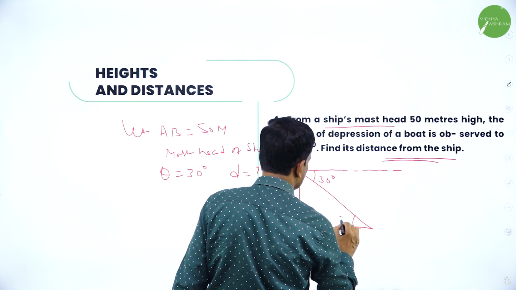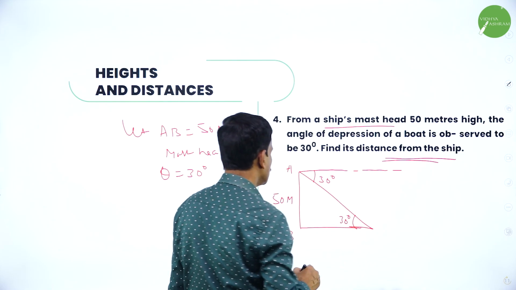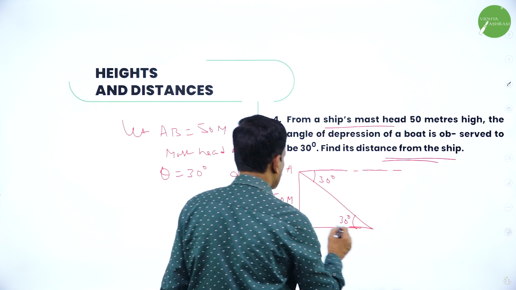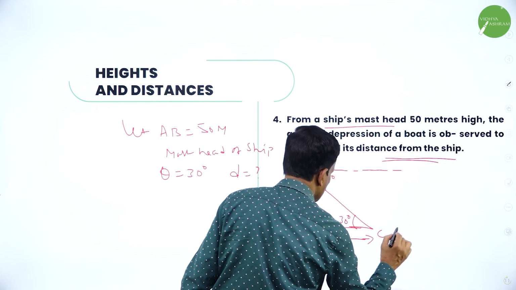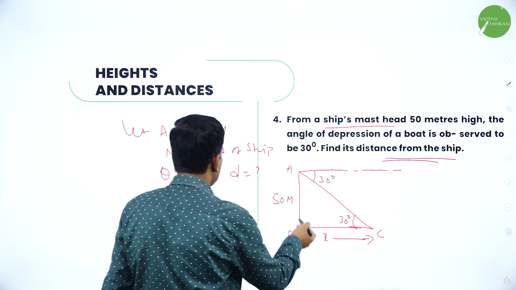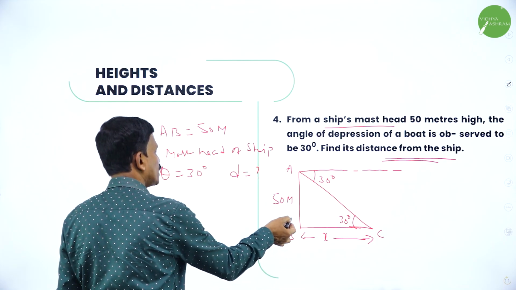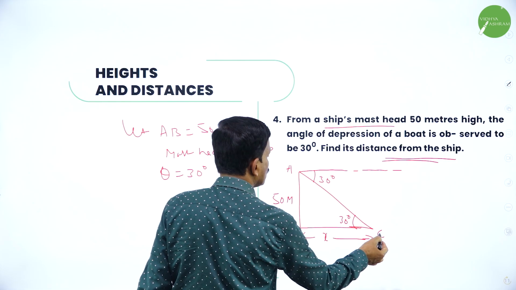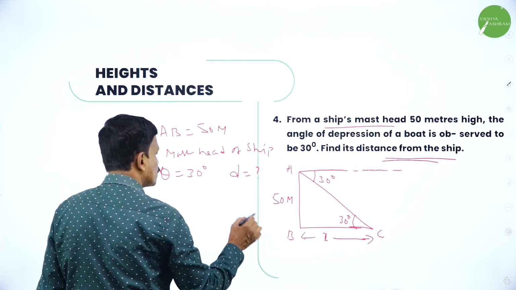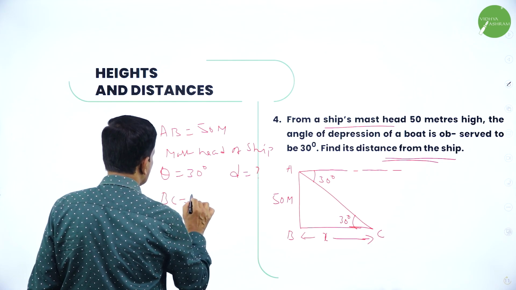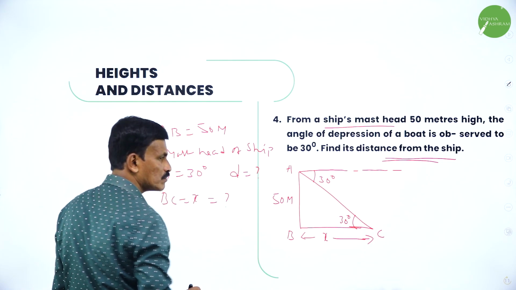So this is also 30 degrees. Now call it C. BC is equal to X. Here AB is the mast head of the ship and C is the position of the boat. Now the distance from B to C is X, which is to be determined.